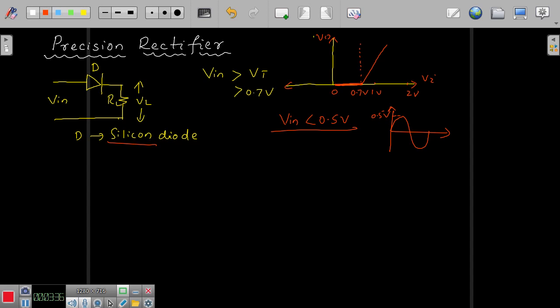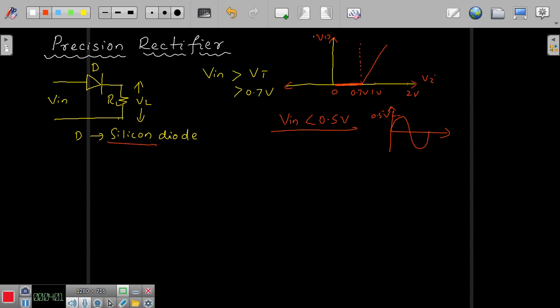Your silicon diodes are not capable of processing signals which are generally below 0.7 volts, because the threshold voltage itself for the silicon diodes to become forward biased is 0.7 volts. There are possibilities that the signals could have amplitudes less than 0.5 volts.